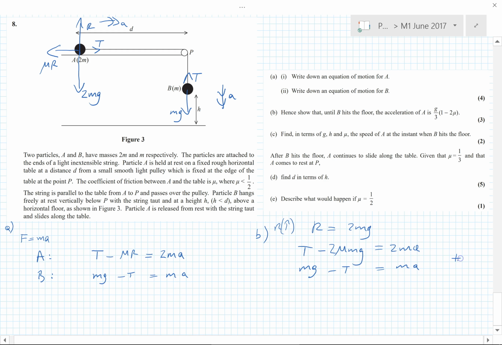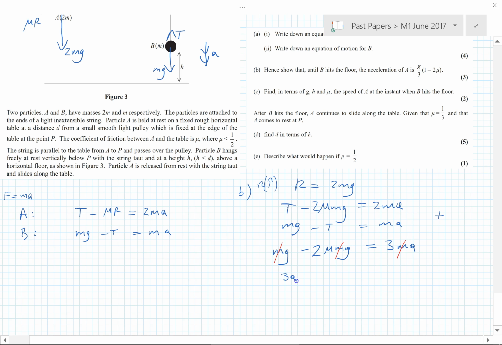So if we add those two, we get mg minus 2 mu mg is equal to 3ma. Obviously the m cancels, so we have 3a is equal to, taking g out as a factor there, g times (1 minus 2 mu). So a is equal to g over 3, times (1 minus 2 mu).